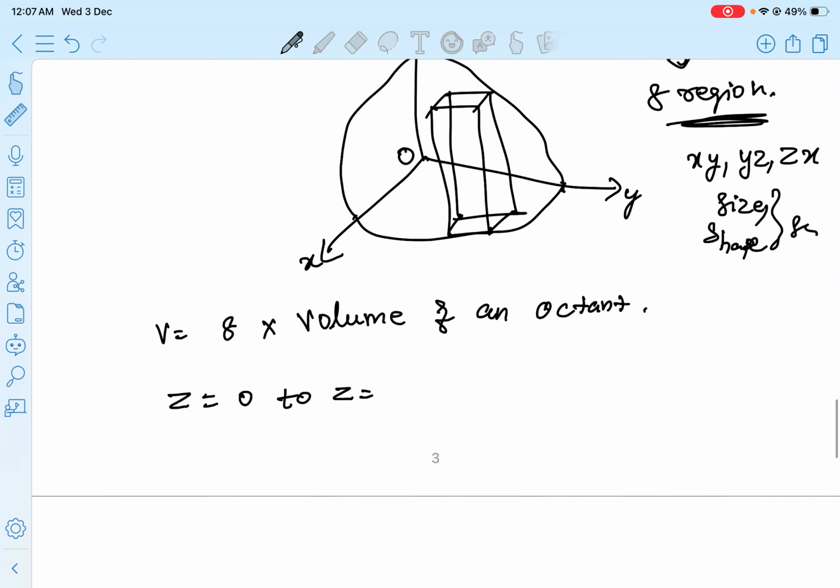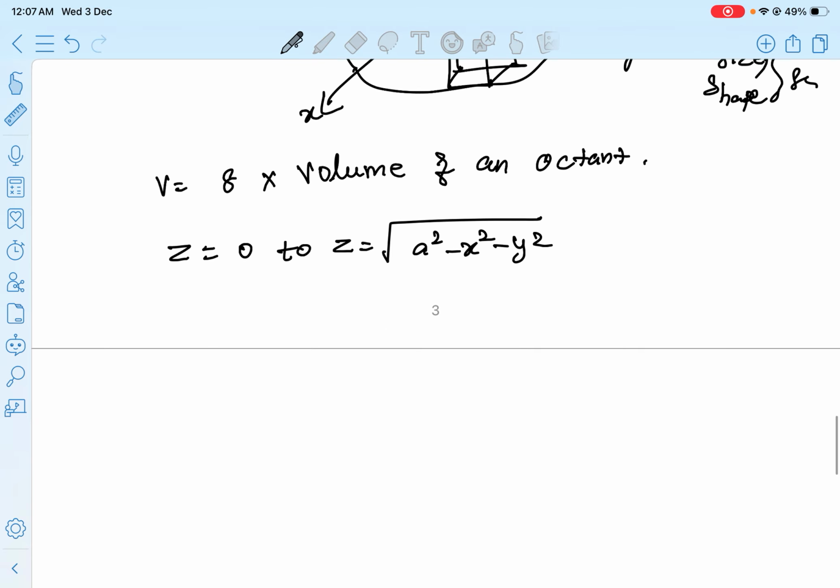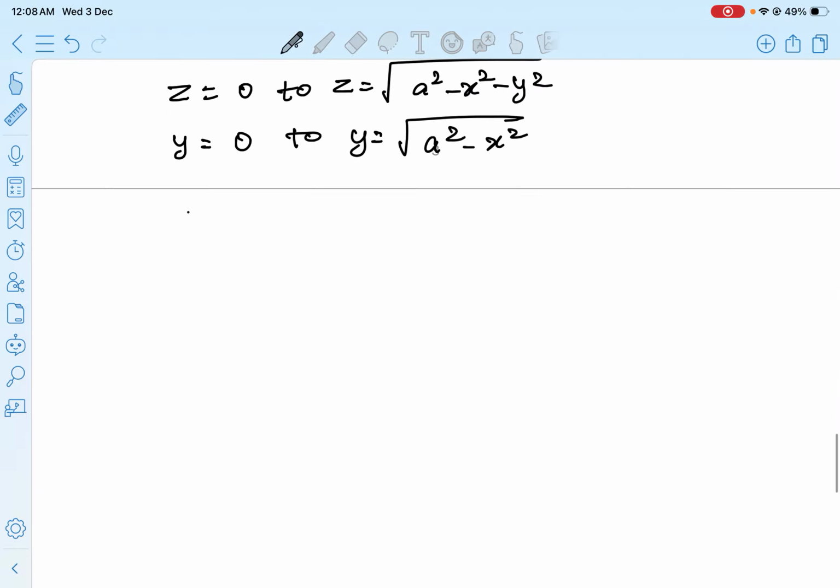So z equal to root of a square minus x square minus y square, and y is equal to 0 to y equal to this one again. What happens? A square minus x square. Okay, and similarly for x is equal to 0 to x equal to a.